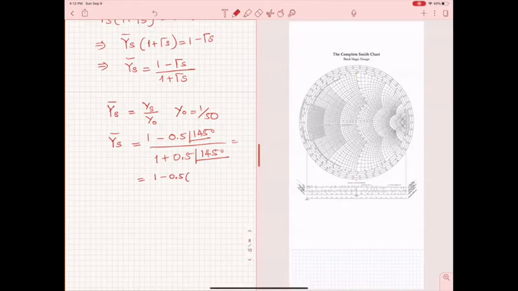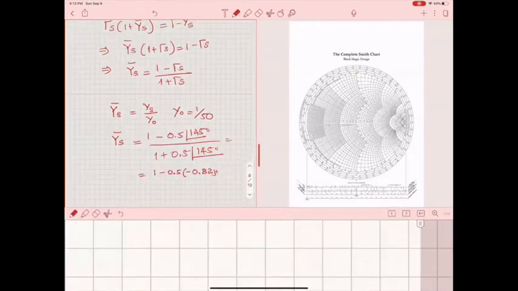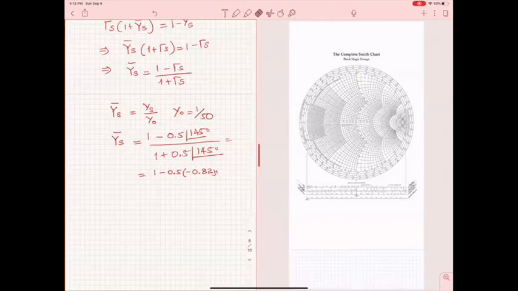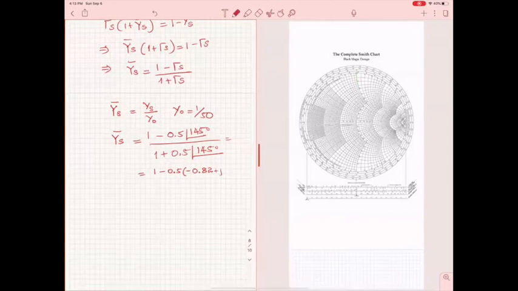So 1 minus 0.8, say approximately 2. And then I have 145 sine plus j 0.57.